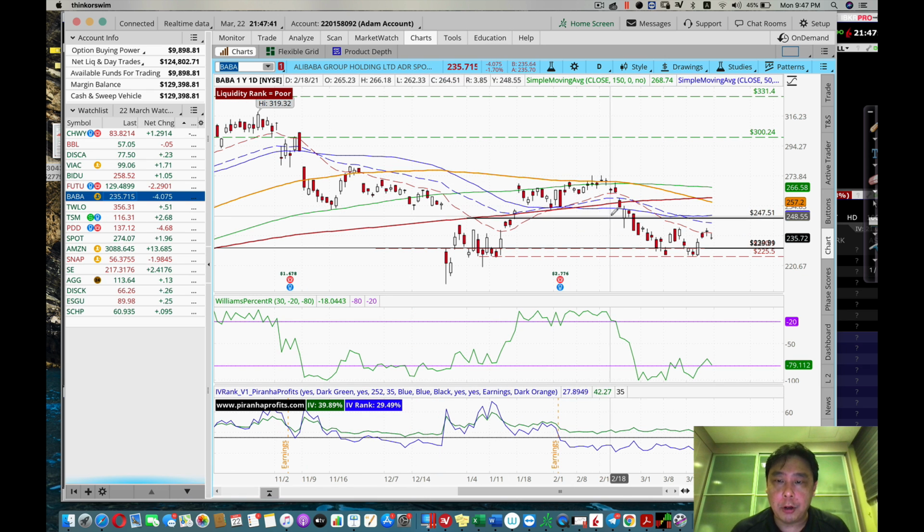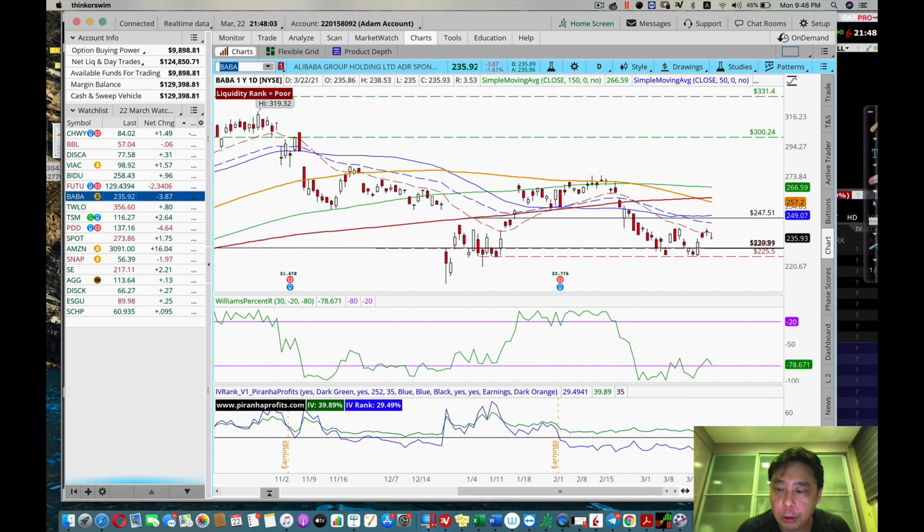Okay, Baba. I'm not going to trade because it's on a short-term downtrend. Again, that's the difference between investing and trading. For Alibaba, I already have an investment. Because for investment, I have a long-term view. I'm holding it for 2, 3, 4 years. So even on a downtrend, I'll still buy it as long as it's undervalued.